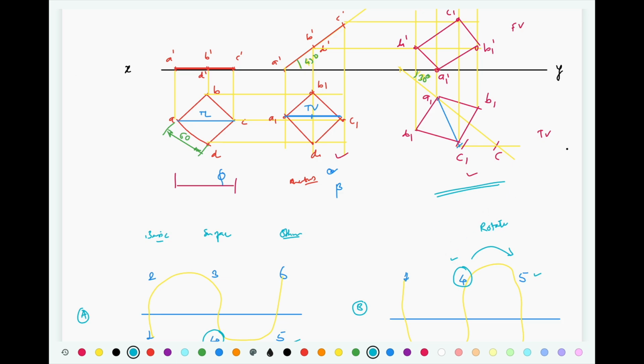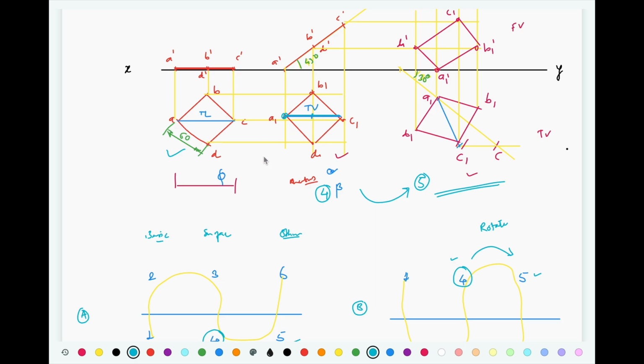So if I correlate this, see, this is step number 4. When you reach step number 4, you are going to rotate this view and draw step number 5. The reference that you are going to consider is the diagonal passing through the corner which is in HP. So this is the diagonal AC. Now, because of the inclination of that plane with HP, this diagonal has reduced its length compared to the basic view. So this is the top view.